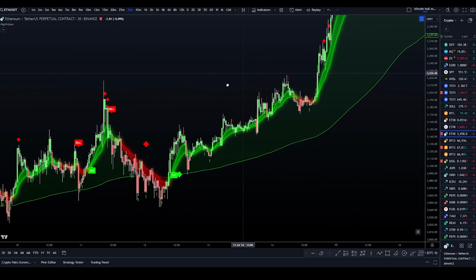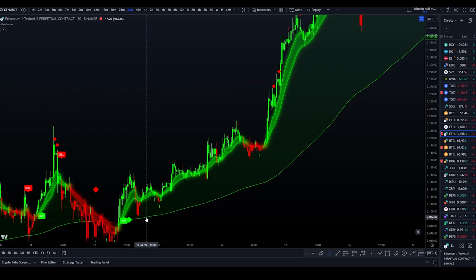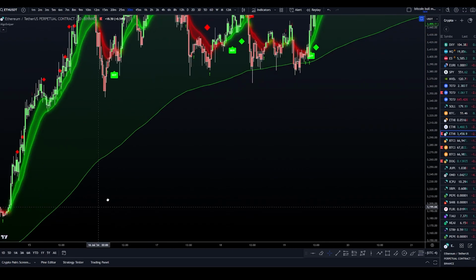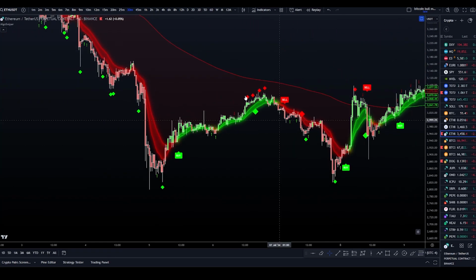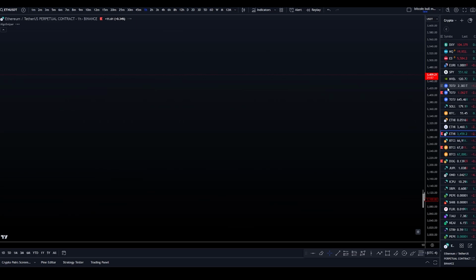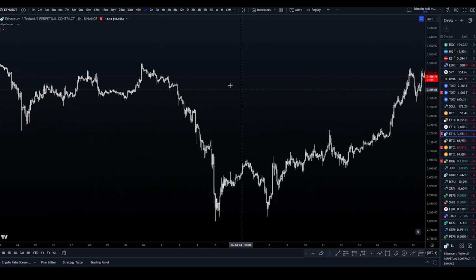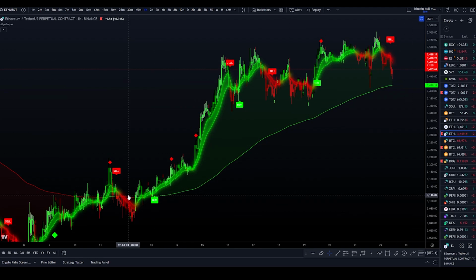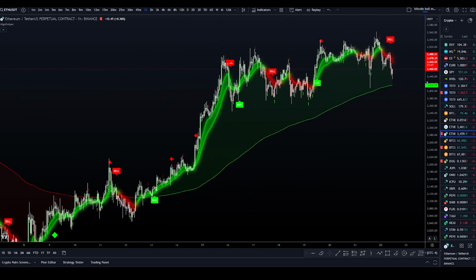Now, you're also going to see this big green area or a big red area. What these show us is the longer term trend, essentially. The longer term trend or the longer term momentum. When you have a big green area, it shows that we're in a strong bullish trend.